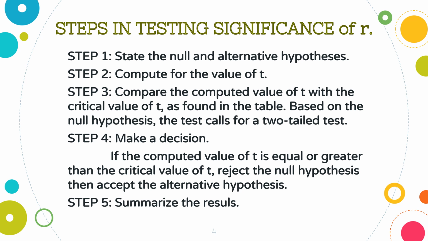Based on the null hypothesis, the test calls for a two-tailed test. Mostly, a two-tailed test is used here. Step 4, make a decision. If the computed value of t is equal to or greater than the critical value of t, reject the null hypothesis, then accept the alternative hypothesis. Then step 5, summarize the results.